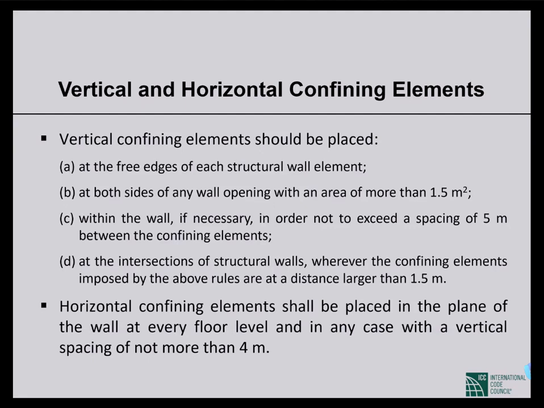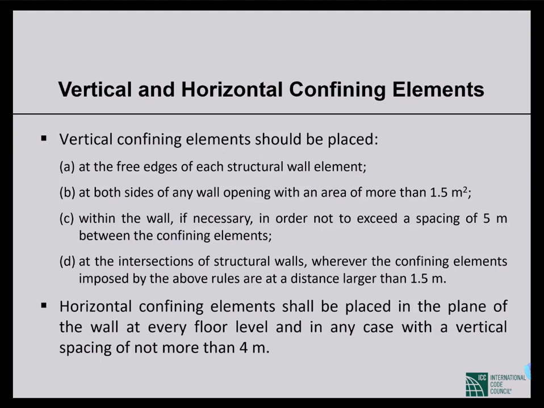Within the wall, if necessary, in order not to exceed a spacing of 5 meters between the confining elements. Now, we have confining elements at the edges, ends, or corners, and then at the side of the opening. But if we have a wall extended more than 5 meters away from those confining elements, then we have to have an additional, an extra confining element.